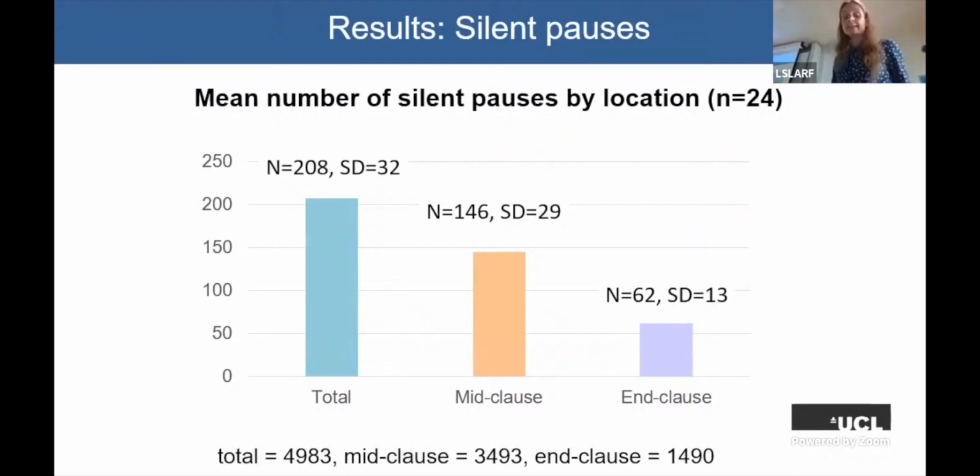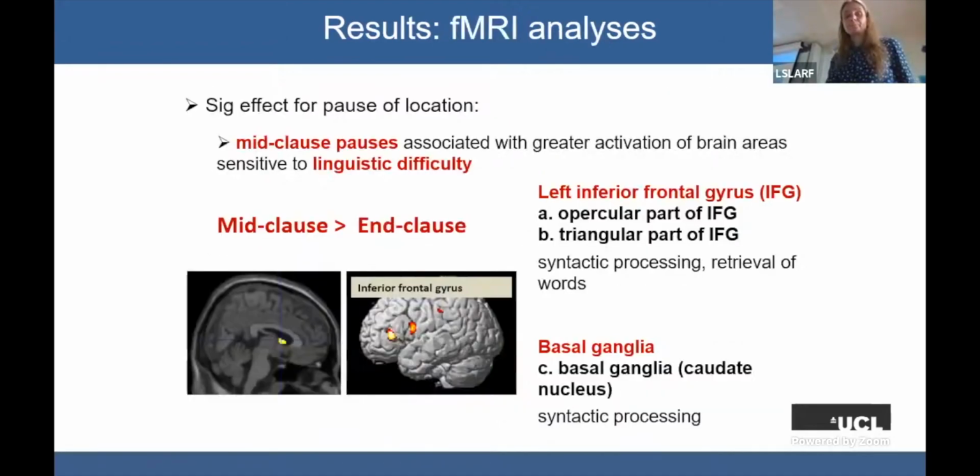Altogether in our data set, we identified 4,983 silent pauses. Around 70% of these occurred mid-clause and 30% end-clause. The mean for end-clause was 62 and for mid-clause 146 per participant, so 208 in total.